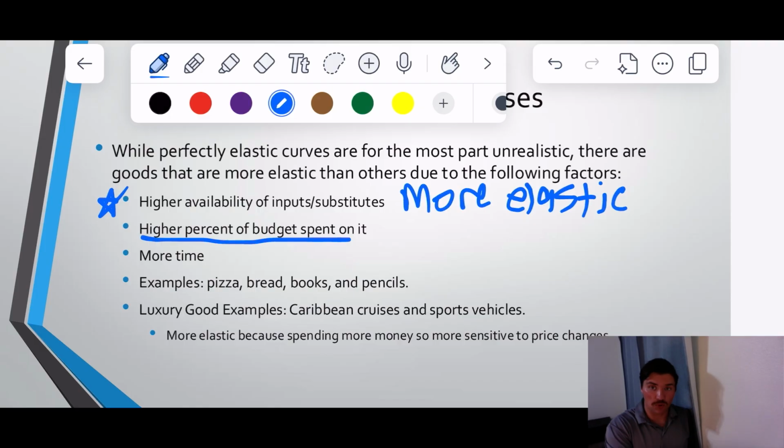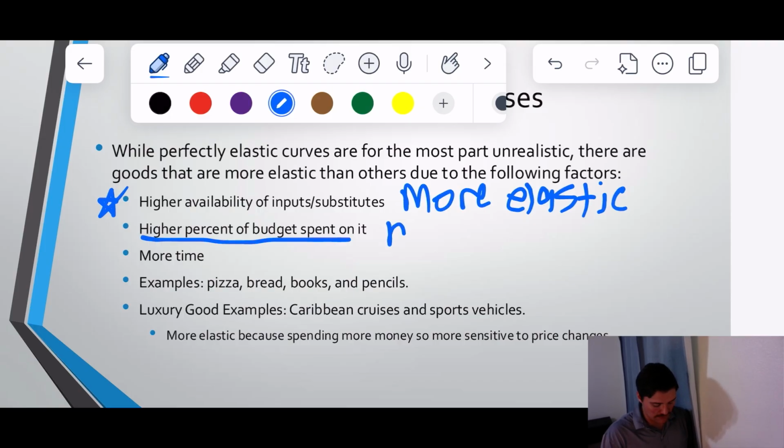Well, it's because it's more expensive, you're more sensitive. Also, if you're going to buy a house and the price of a house increases by like 5%, that's a big change. That's a lot of money in terms of a price increase. So we're going to see a bigger change in the quantity demanded for houses because of that. So more of your budget, more elastic.